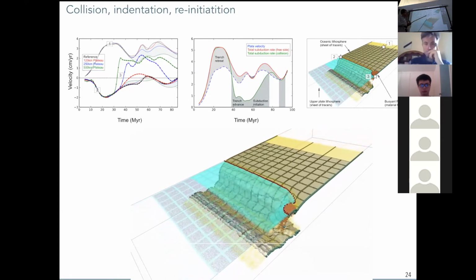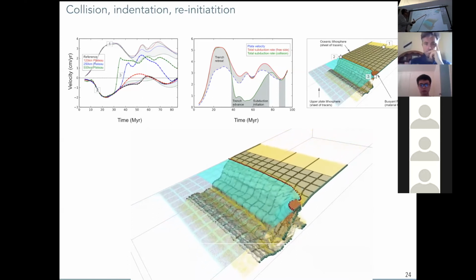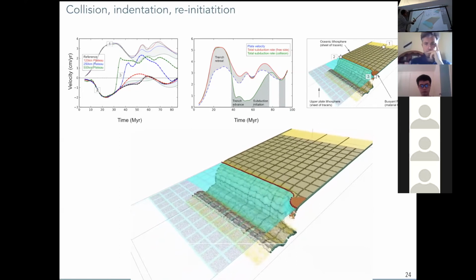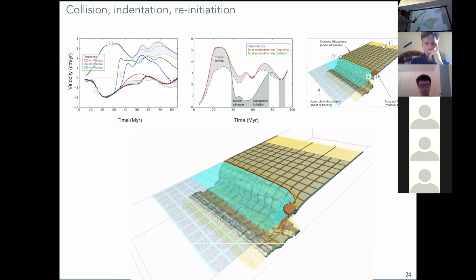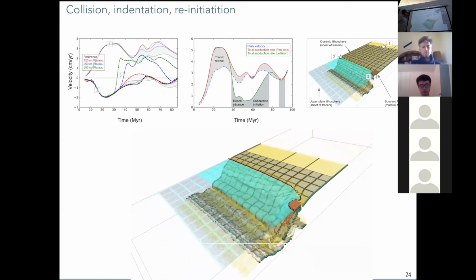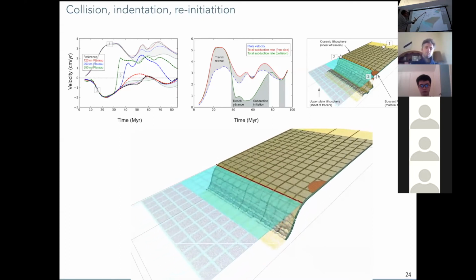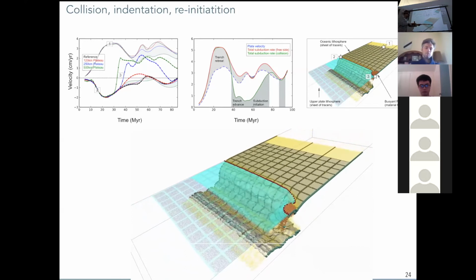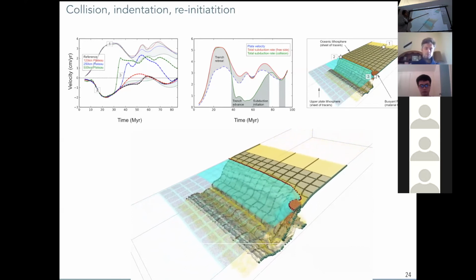What we're also doing, and you can follow this on this graph, here is where the trench retreat is occurring. The green is the rate at which things are subducting right here, and the red is the rest of the system.